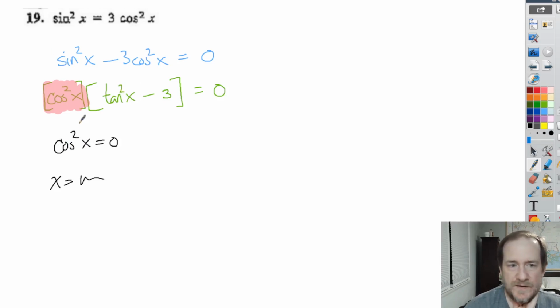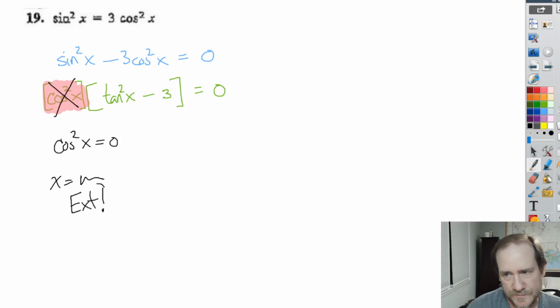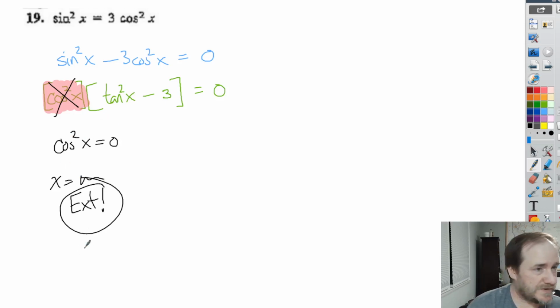So this is, again, one of those situations where I could actually go ahead and just dismiss this factor, because all of the solutions here are definitely going to be extraneous! Exclamation point. But maybe you should do at least this to show me that you're thinking about that higher level algebra, and that you're doing the safe work of factoring it out, considering it, but then dismissing it because the solutions are extraneous. Okay, great.